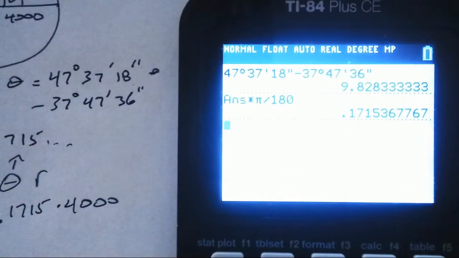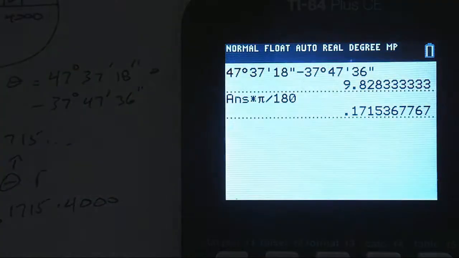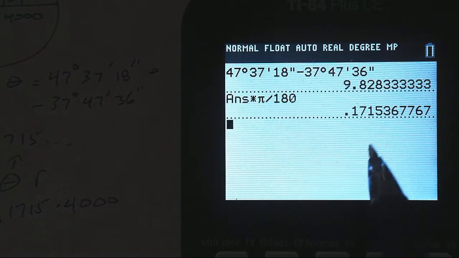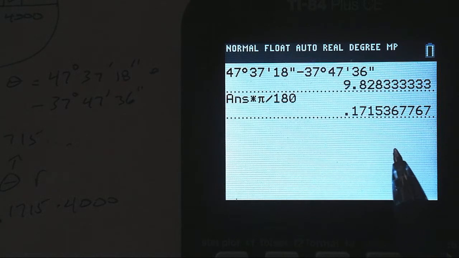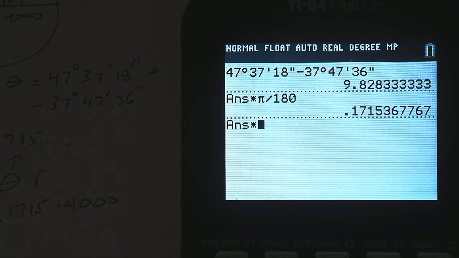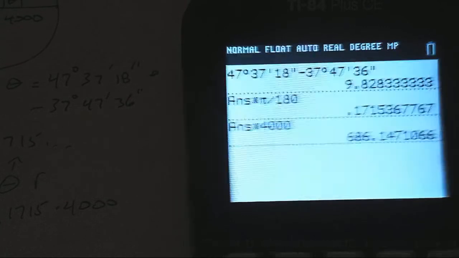We already have this value in our calculator. So instead of using my rounded 0.1715, I'm just going to hit times, and it pulls that answer forward. You guys probably know that. Times 4,000, and we get 686.147 miles.